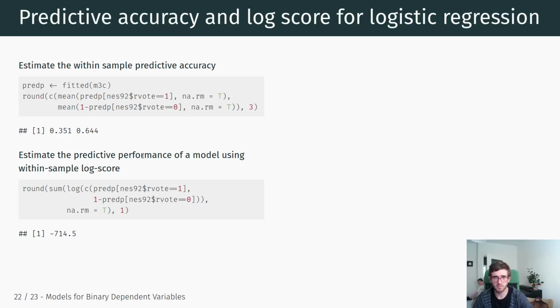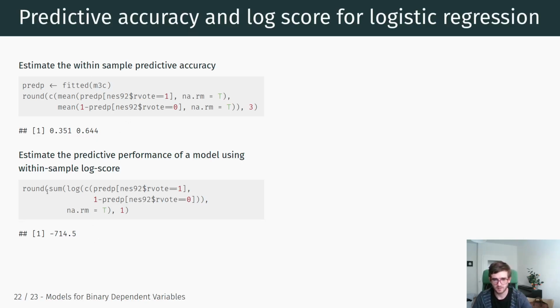But we have other measures for predictive performance. One measure that we talked about was using within-sample log scores. Basically, in the context of dichotomous outcomes, this within-sample log score consists of taking the logarithm of these predictive probabilities for observed ones and observed zeros.